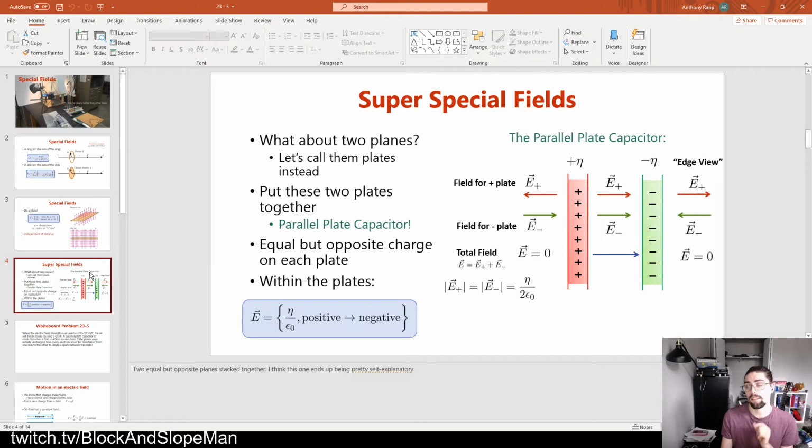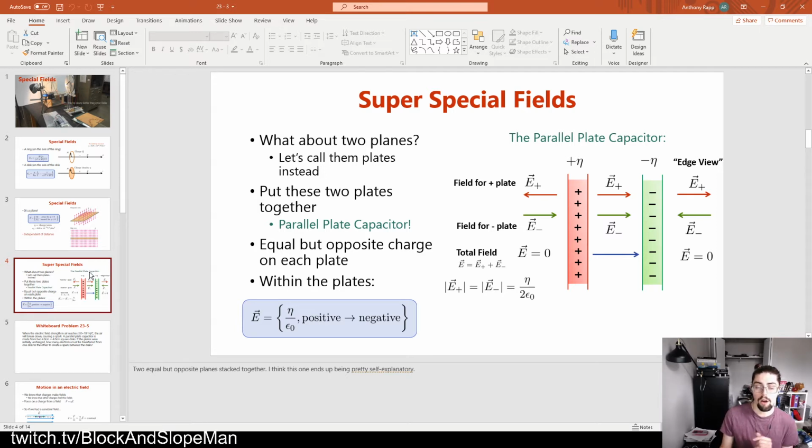Because they have exactly the same charge density but opposite, the fields are opposite but equal magnitude, and they cancel out. And that's another unique feature of these things: the electric field outside of them is zero. It's only on the inside that we see this doubly strong electric field, where it's just eta over epsilon naught.